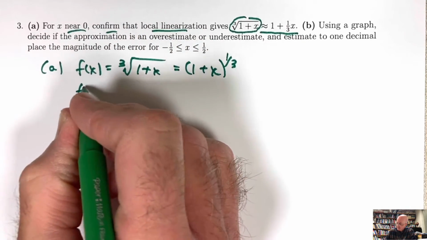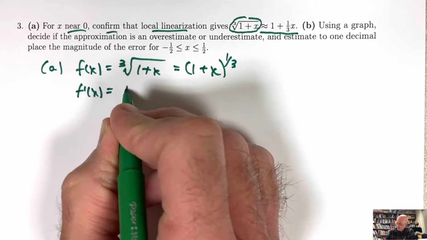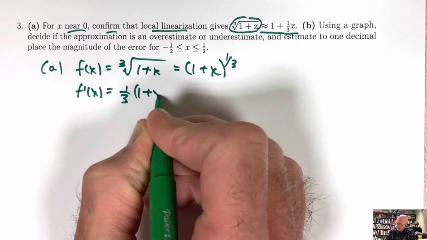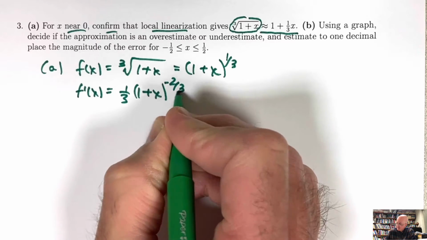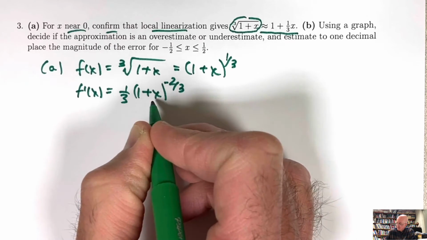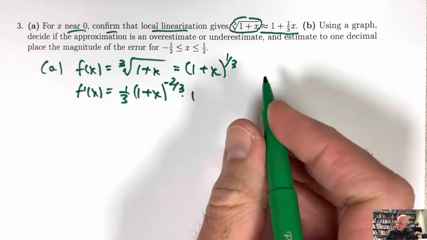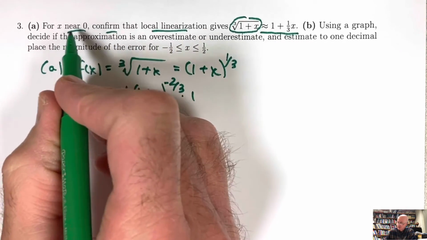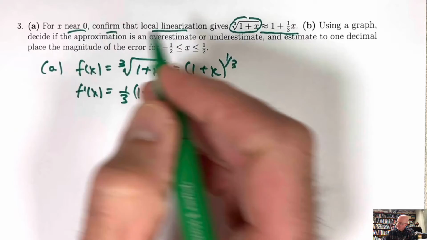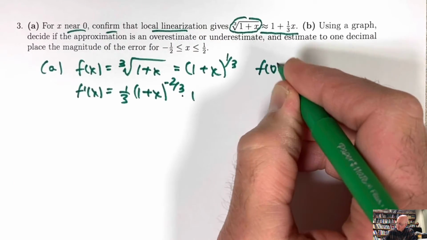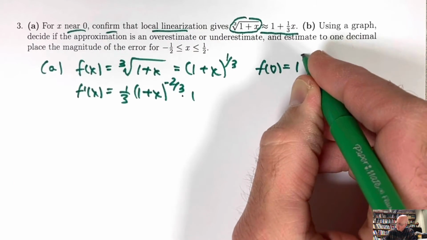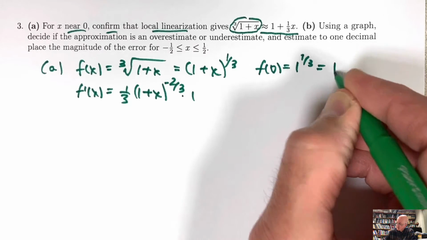We're going to need to find its derivative. Bring down the 1/3, 1 plus x to the negative 2/3. Chain rule would mean also multiply times the derivative of 1 plus x, but that's just times 1, so it doesn't change it. For x near 0, that means a is 0. F of 0 is 1 to the 1/3, which is the cube root of 1, which is 1.